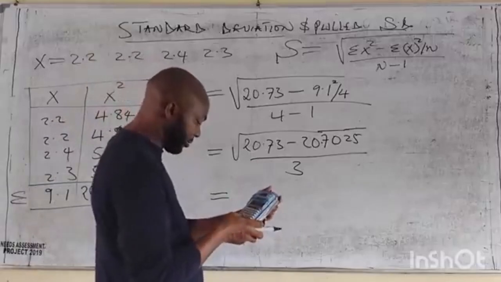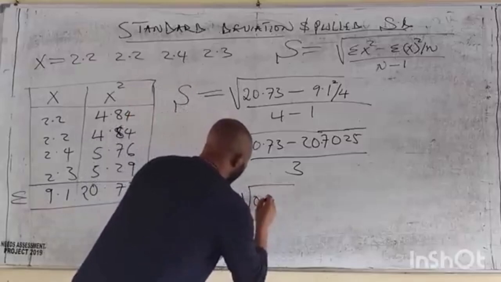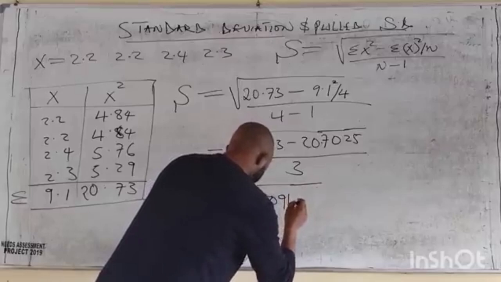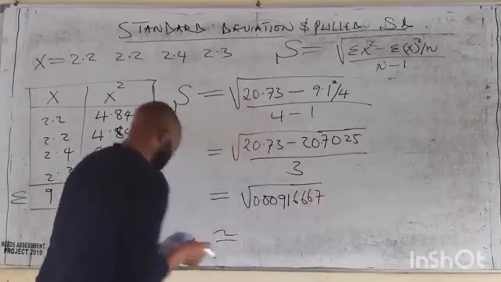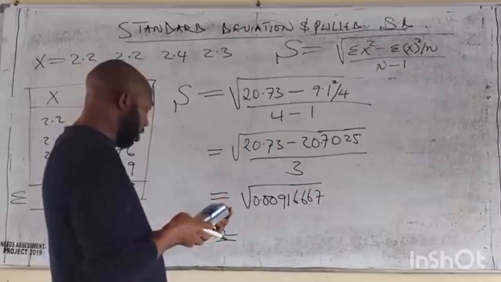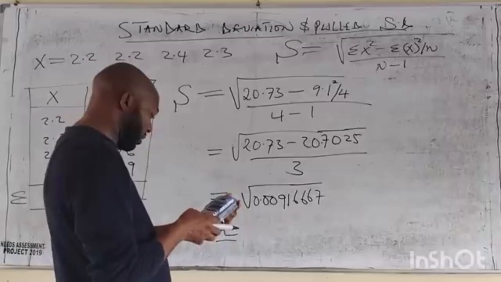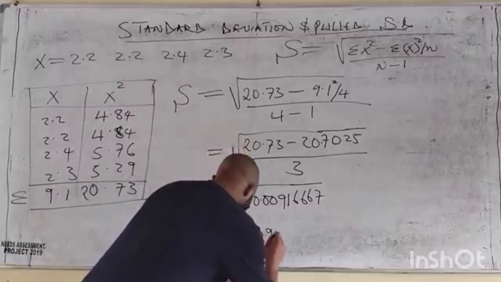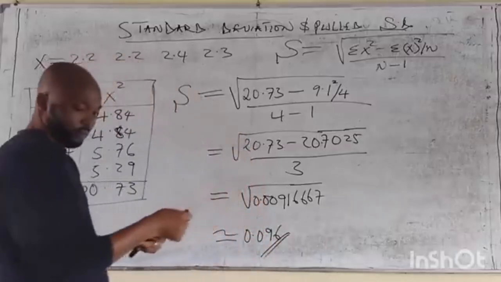Divided by 3 is 0.00916667, which is equal to the root of 0.00916667, which is 0.096 as our standard deviation.